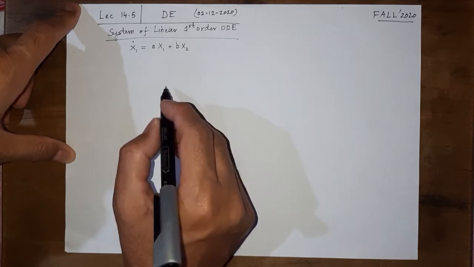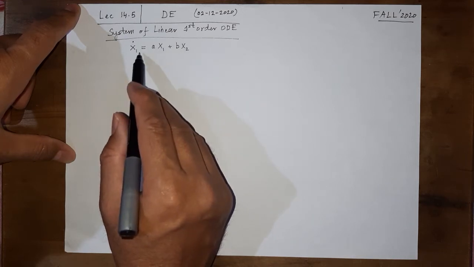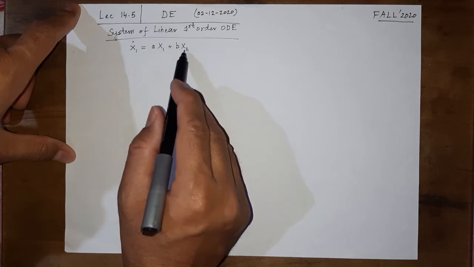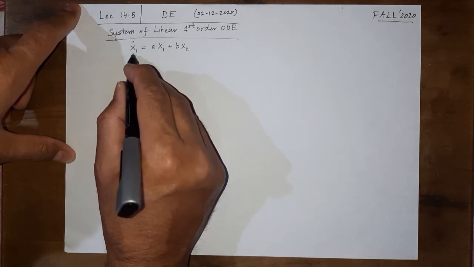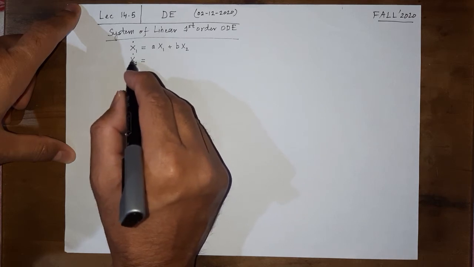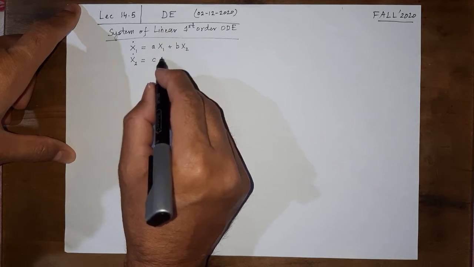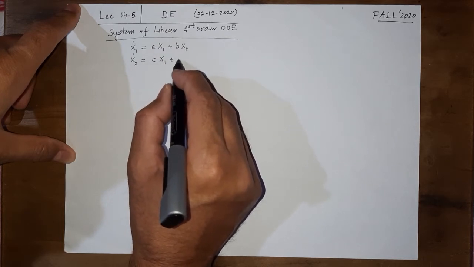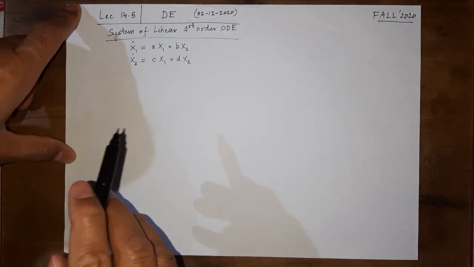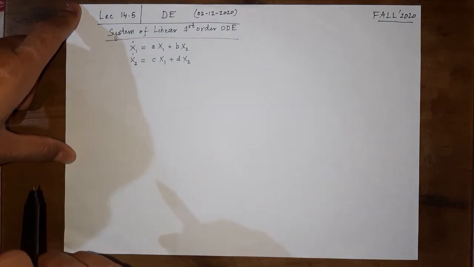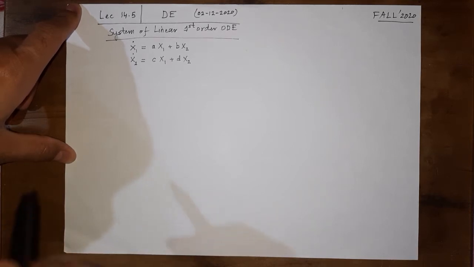So this is a first order differential equation which is dependent on x1 as well as x2, and the rate of change in x2 is also dependent on x1 and x2. So when we are encountered with such a system of linear differential equations, how are we going to solve this?